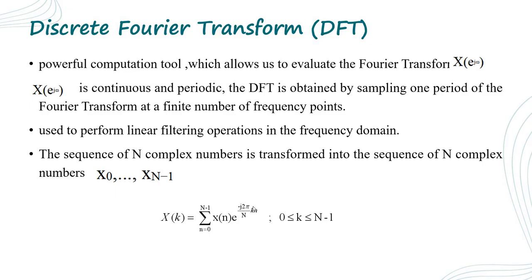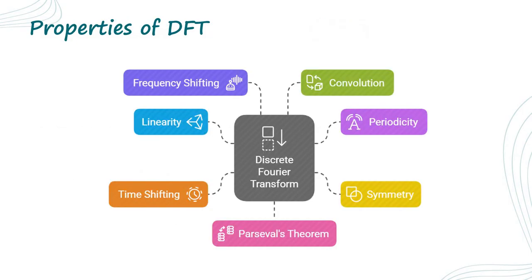Capital N is the number of points in the DFT, therefore it is named N-point DFT. These are some of the properties of the DFT: frequency shifting, linearity, time shifting, Parseval's theorem, symmetry, periodicity, and convolution.